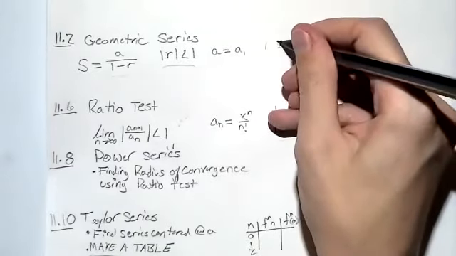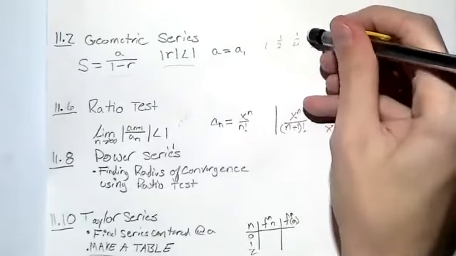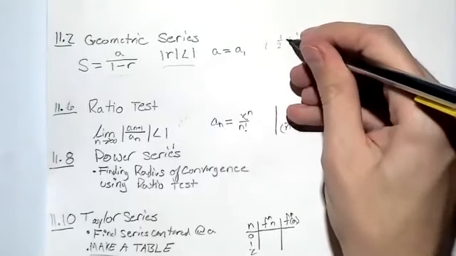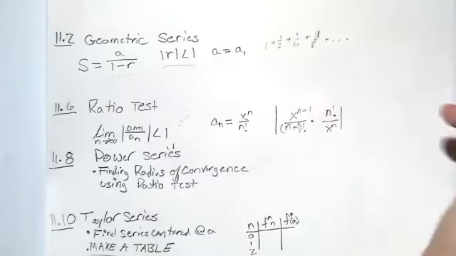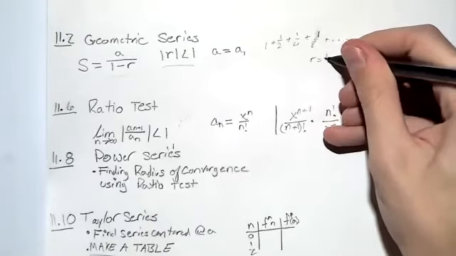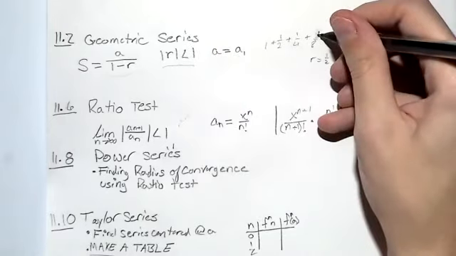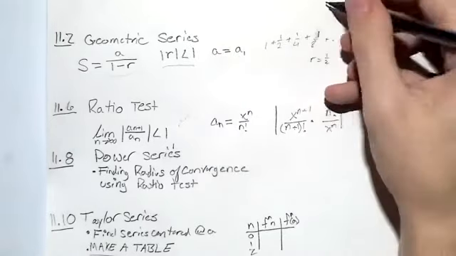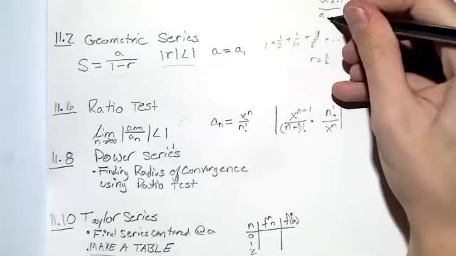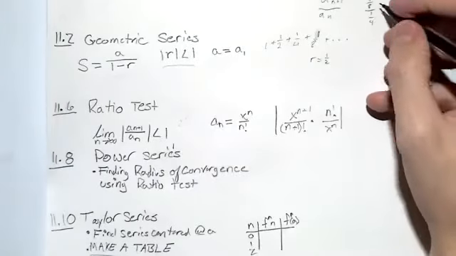If I were to change it to 1, 1/2, 1/4, 1/8, plus dot, dot, dot, we would know that the ratio is equal to 1/2, because we take the a of n plus 1 over a of n, so 1/8 over 1/4.